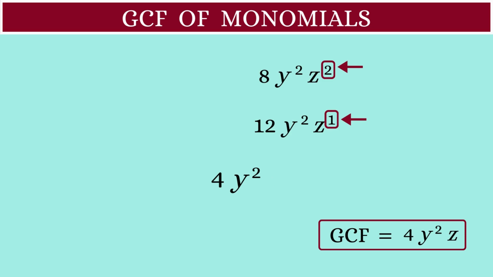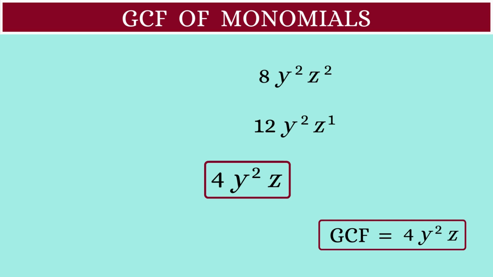In this case, z to the power of 1. So, our GCF becomes 4y square z. Moving forward, we'll use this method to find the GCF.